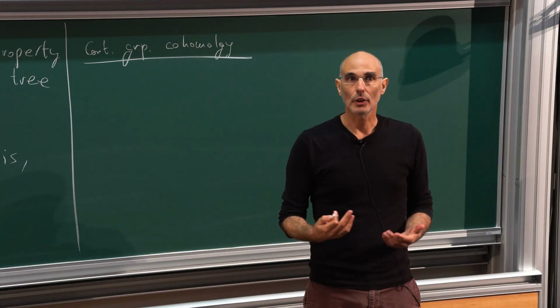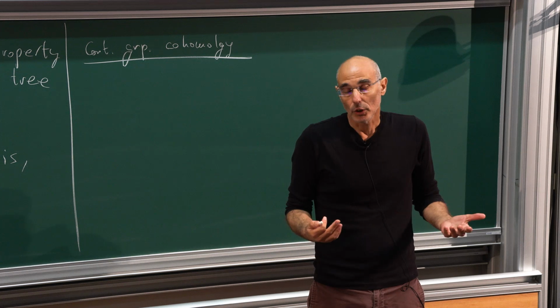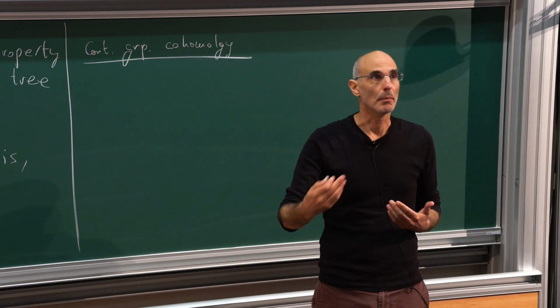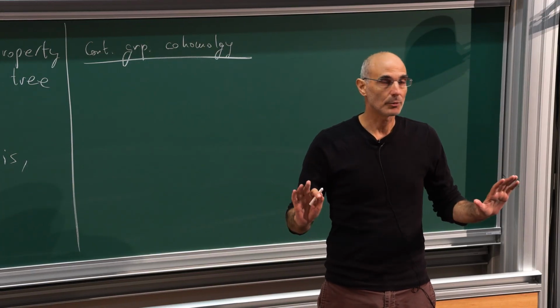And also the category of topological vector spaces is not an Abelian category. When you have two Banach spaces and a map between those Banach spaces, again, locally compact spaces are not enough.